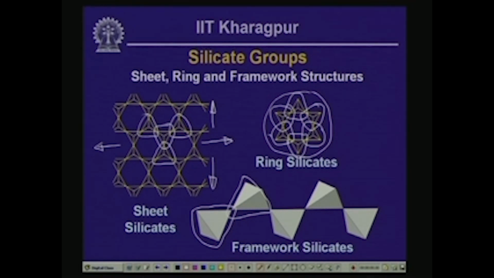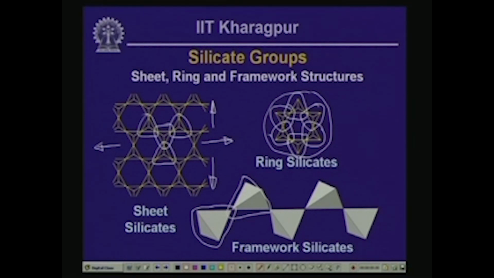Now, in addition to all these things, we can also have self-contained silica tetrahedra. So, in addition to all the types we considered here, we can have a single tetrahedron.